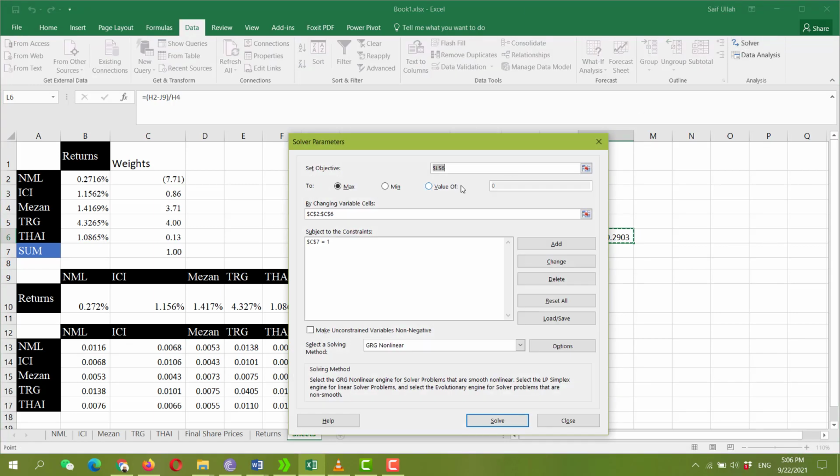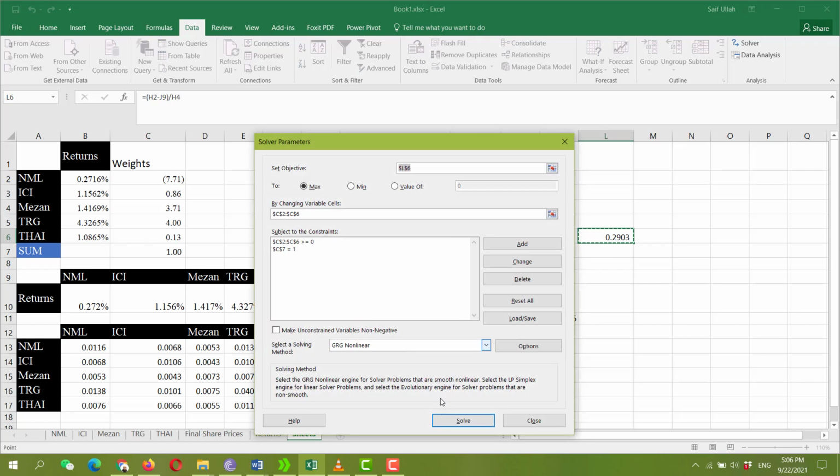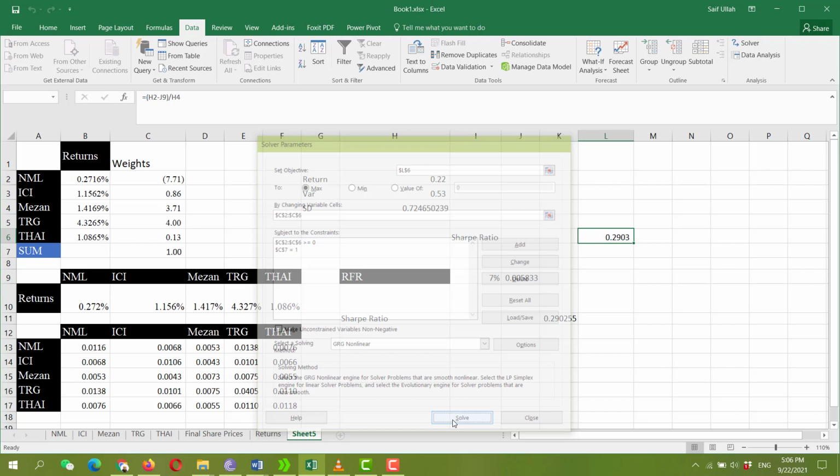I will click on Solver and then right here in Add, select all references, all weights, and their value greater than or equal to 0, and OK, and solve.